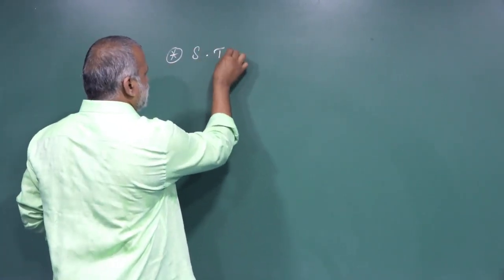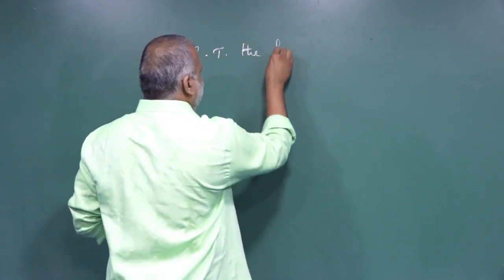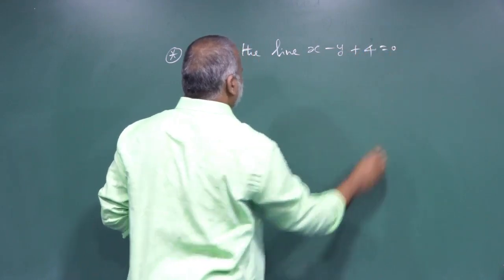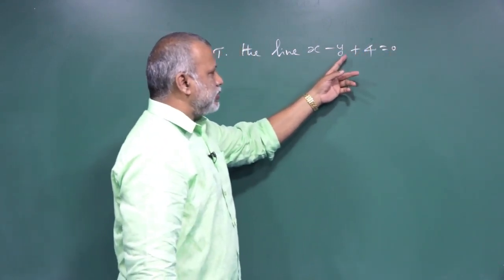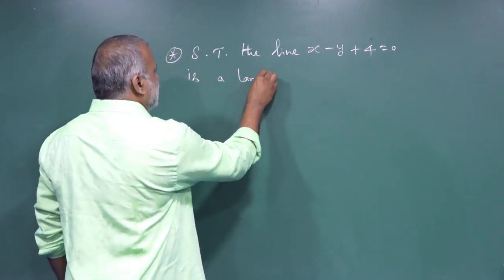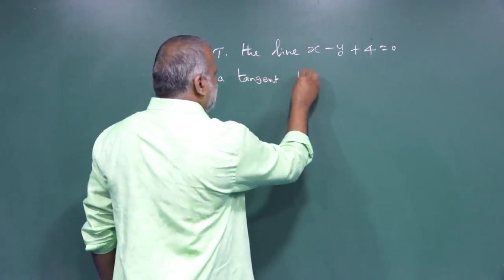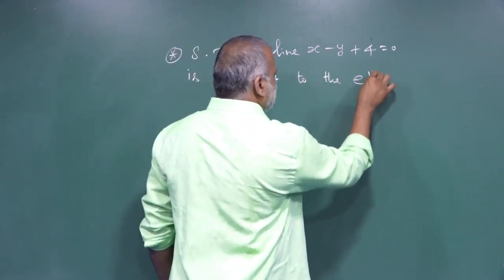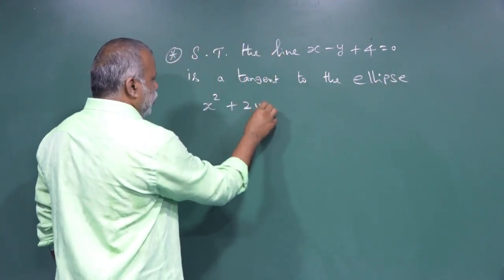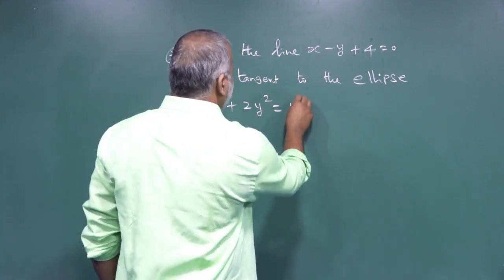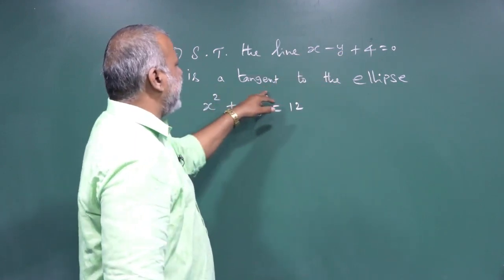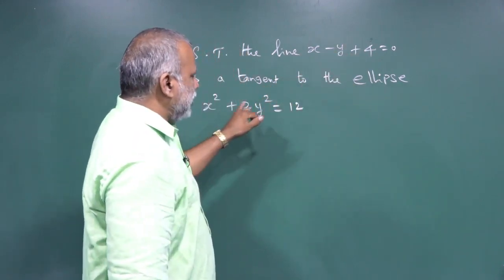Show that the line x minus y plus 4 equal to 0 is a tangent to the ellipse x squared plus 3y squared equal to 12.